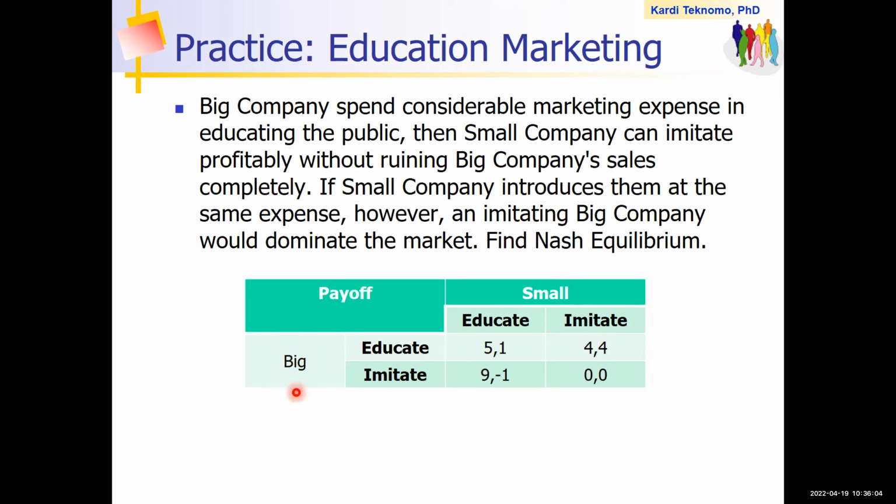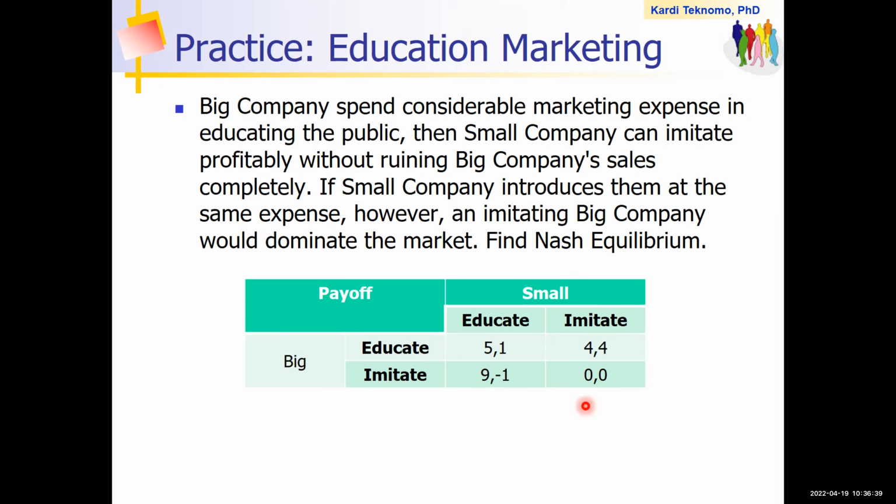If the big company educates the market and the small company also joins to educate the market, of course the big company wins, so it gets 5 and the small company only gets 1. Now if the big company just imitates while the small company is the one that educates the market, of course the small company loses, -1 here, and the big company wins. If both are copying each other, they get 0.